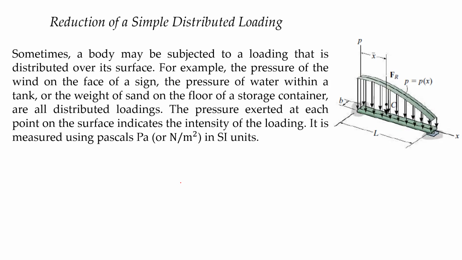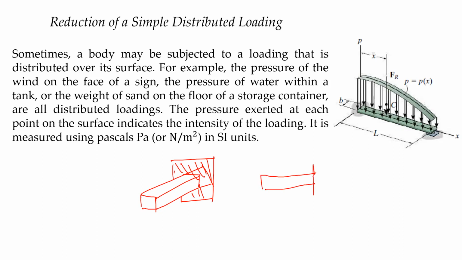Now, if you can recall in your engineering drawing, if you try to see the isometric view, you have your rectangular body, right? If your body is uniform, you can just view it as 2D. We just have to multiply.